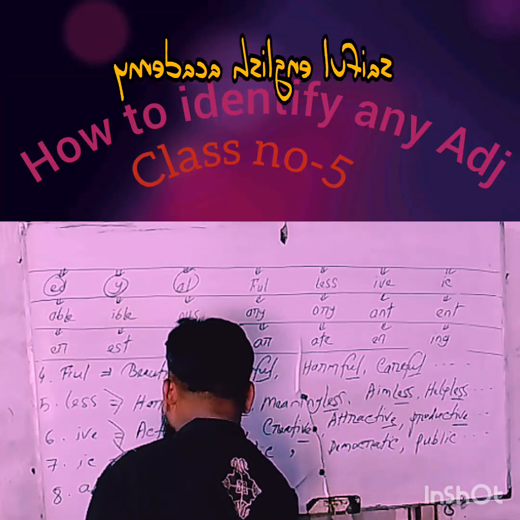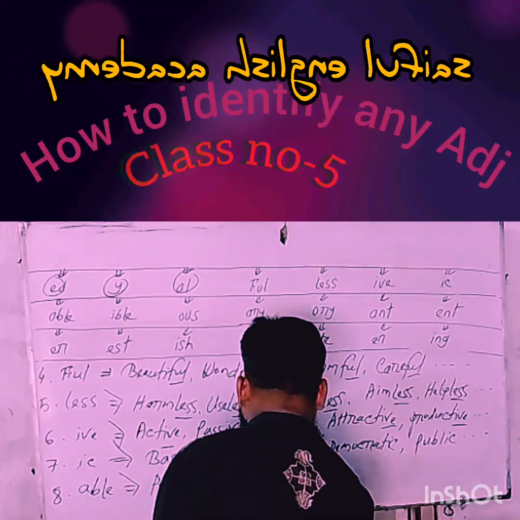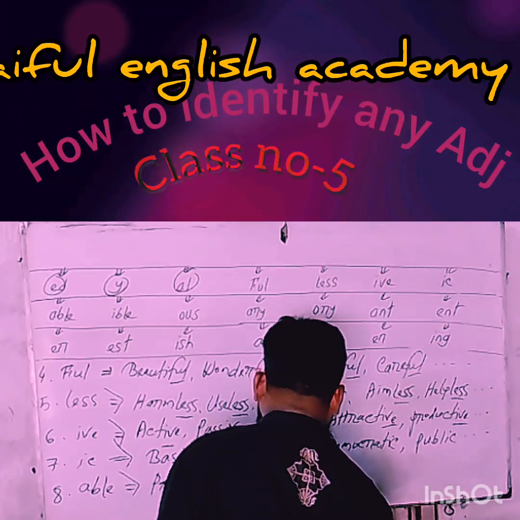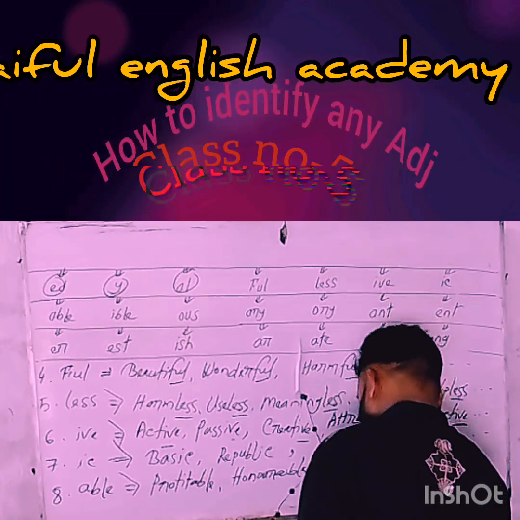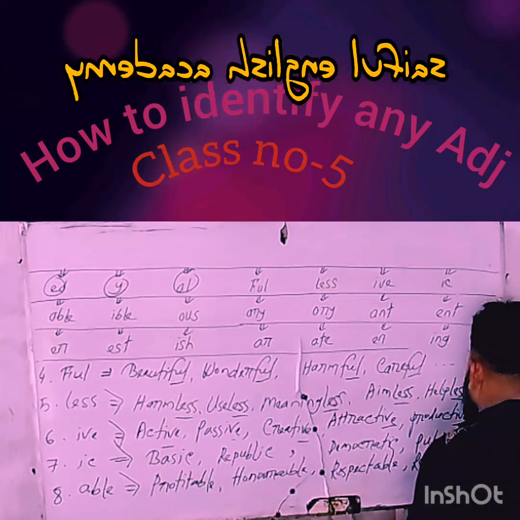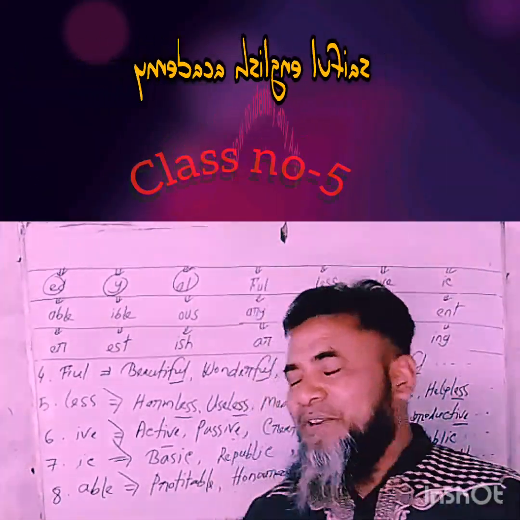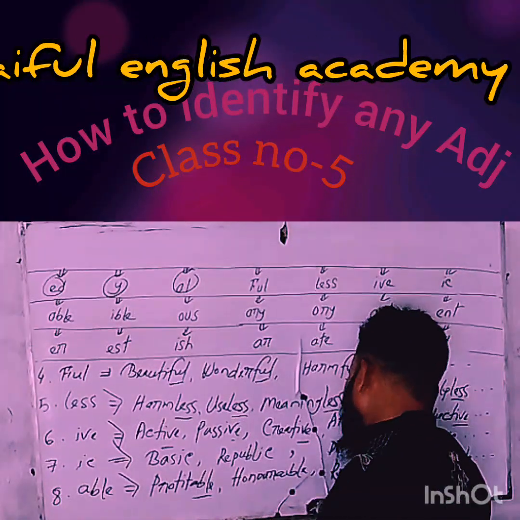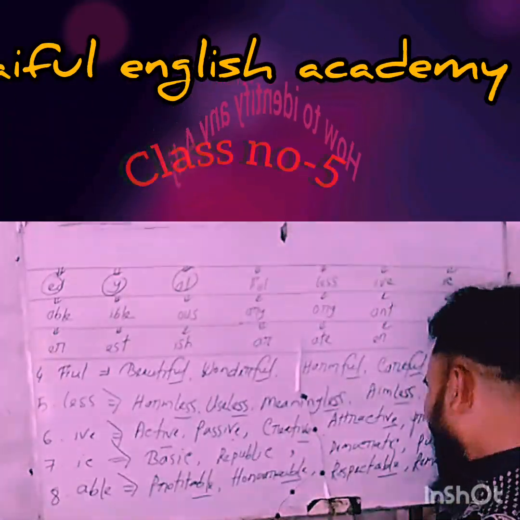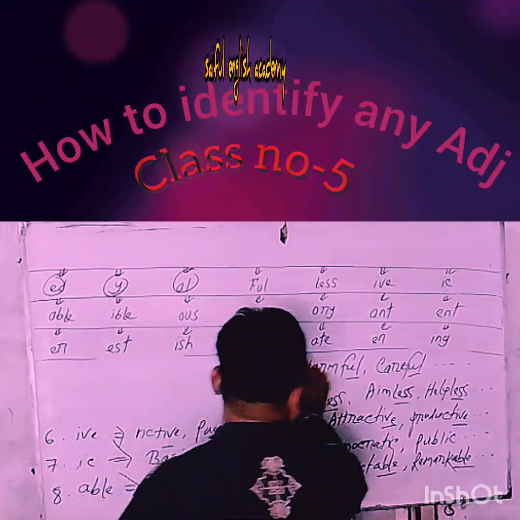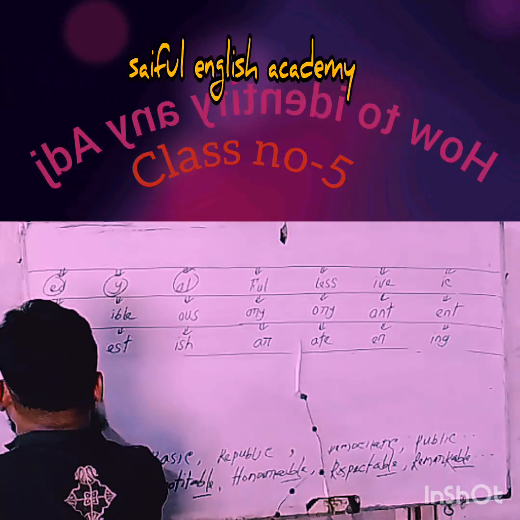For example, profitable, honorable, respectable, remarkable, etc. My dear learners, I want to suggest that if you notice this kind of suffix in a word, you may consider such words as adjectives. Have you understood clearly? Now think about the next suffix, ible.